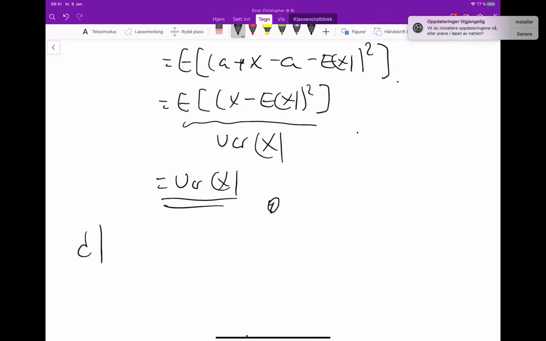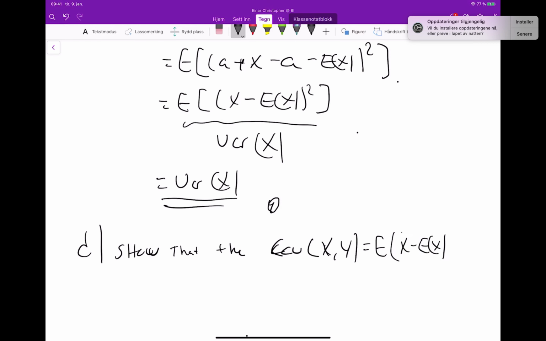D. Show that the covariance of x comma y is equal to the expectation of x minus the expectation of x times y minus the expectation of y.